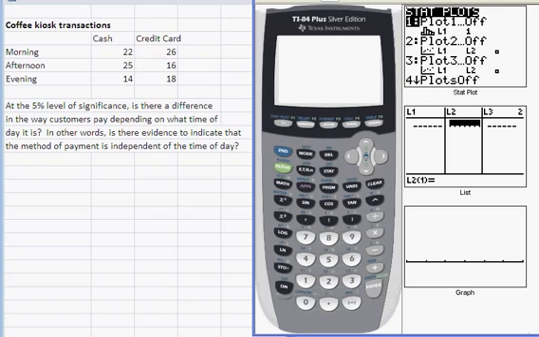If we refer to one set of categories as the row variables and another set of categories as the column variables, the null hypothesis for these tests is that the row variables and the column variables are independent. And that would be a test of independence.